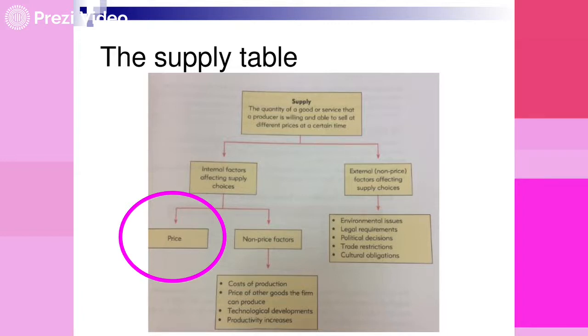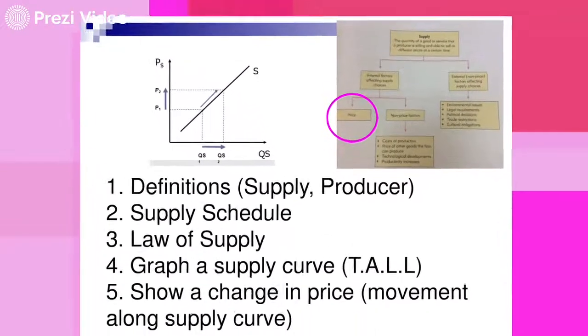The next section we're going to move into is non-price factors, which are both of those other arms of the graph, and they can be internal and external. So stay tuned for the next video and I'll talk about the different non-price factors, both internal and external. Any questions, please don't hesitate to ask, and I'll see you in the next video.